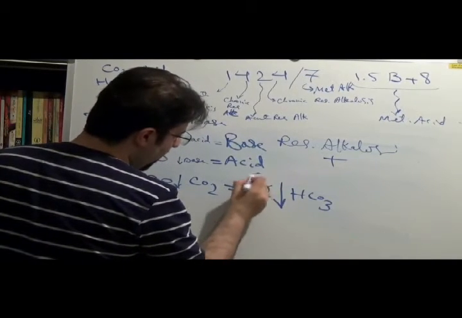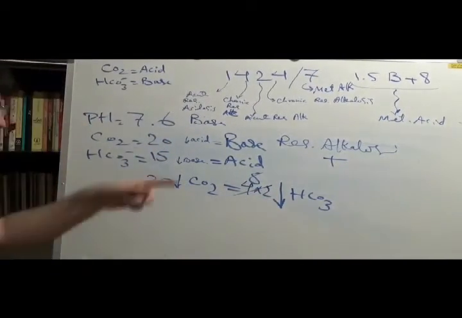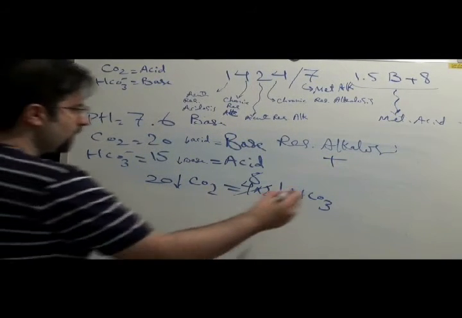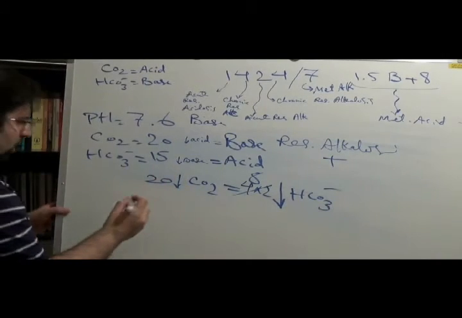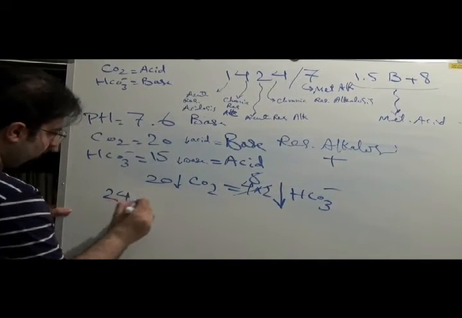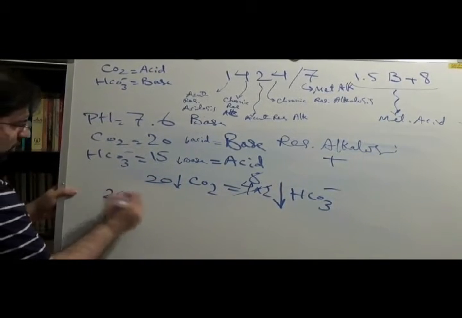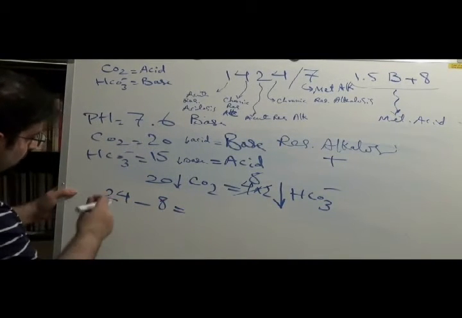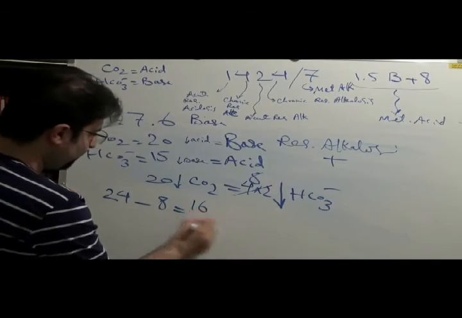So an 8-point decrease in HCO3 minus. The normal number for HCO3 was 24 minus 8, which is equal to 16.